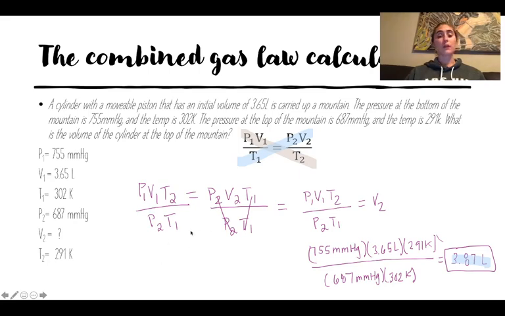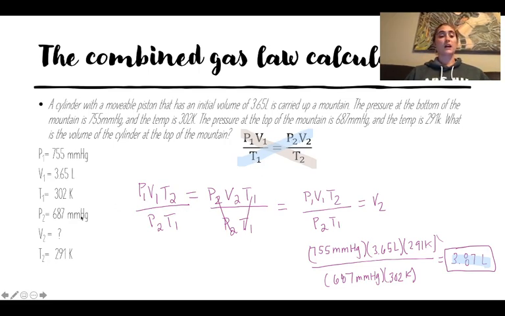And we will rearrange this equation just like we did in the previous one, cross multiplying and eliminating the variables we need to isolate by dividing. So in this case, we have P1 times V1 times T2 set equal to P2 times V2 times T1.